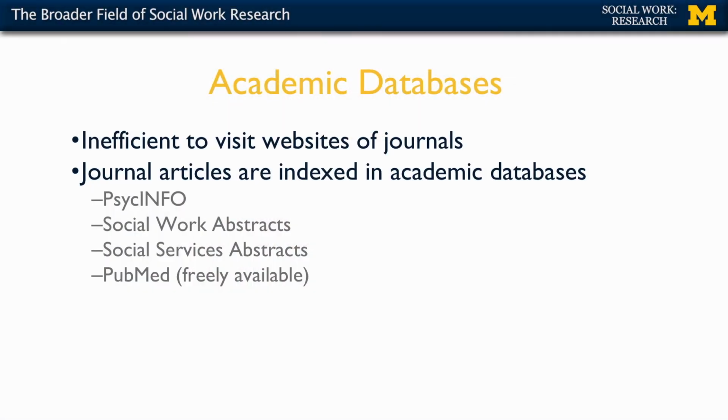So here we just want to make you aware of some of the academic databases that will make searching journal content much easier: PsycInfo, Social Work Abstracts, Social Services Abstracts, and PubMed. These are some example databases that can be used for searching journal content.